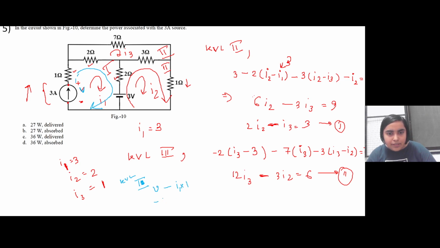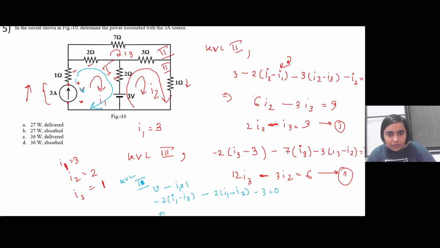Then it will be minus 2 into I1 minus I3, because of this resistor, and then we come across this 2 ohm resistor, so it will be 2 into I1 minus I2, and finally for this there is a voltage of 3 volt, so it will be minus 3 equal to 0.